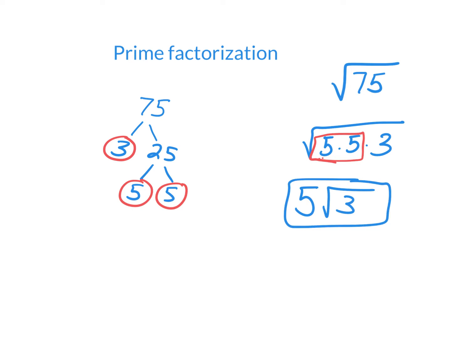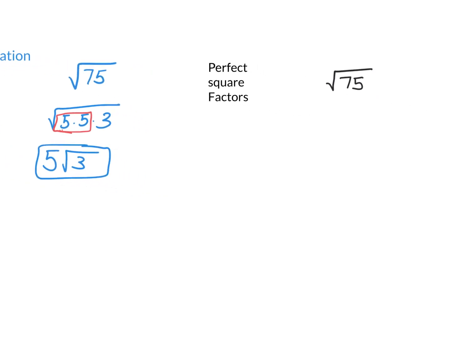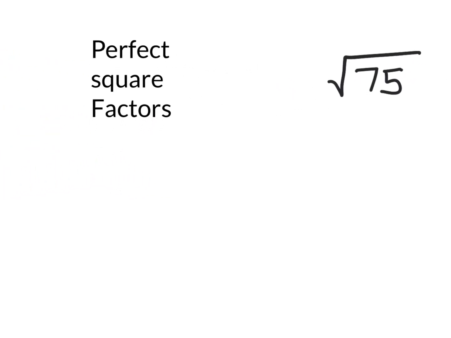The other relies a little bit more on perfect square factors. Perfect squares are numbers that when we multiply them times themselves, the result is a perfect square. So 1 squared is 1, 2 squared is 4, 3 squared is 9, and so forth. Just to list those numbers, I'll keep going down our list here.